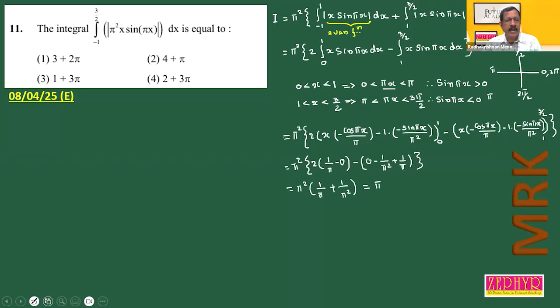Here you are getting minus pi, I think, no? No, here it is plus only. So 2 by pi minus pi. Let us see. One into 1 by pi only.